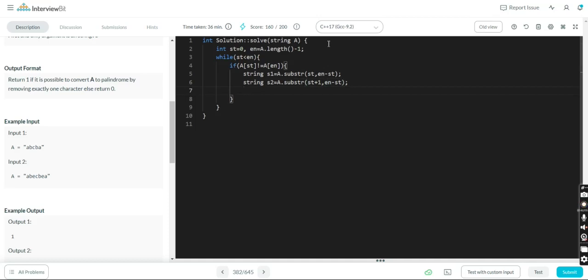So if we can create a palindrome in either of these situations, then we can return a 1. So let's consider this. We will return isPalin(s1) or isPalin(s2).